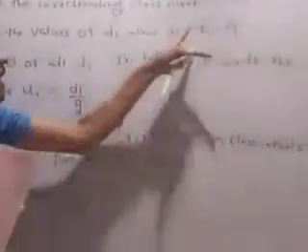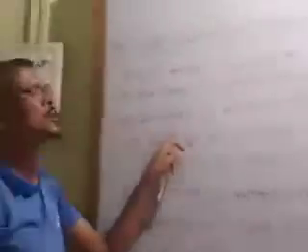Di means deviation, where di equals xi minus a. This a is the same value of a we consider in the second method. Given class mark minus a is the value of deviation, that is di. That is in the third column.